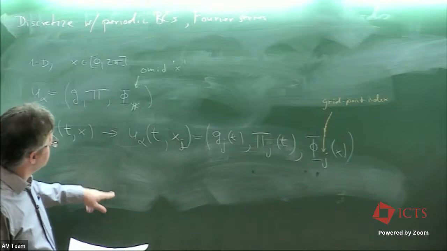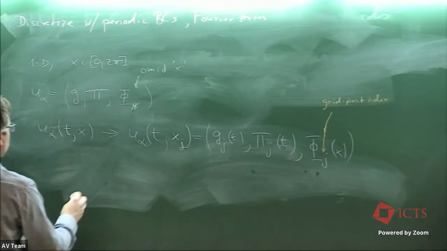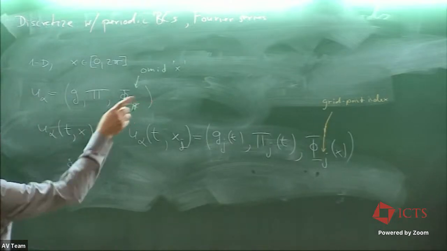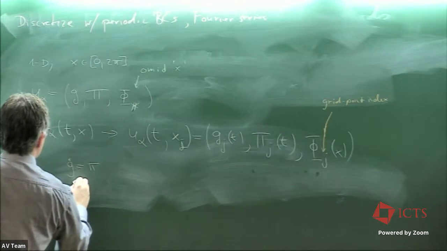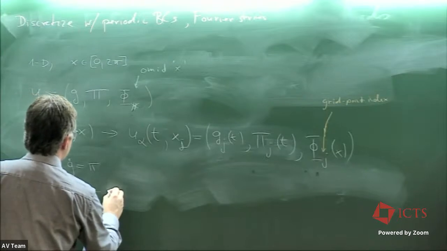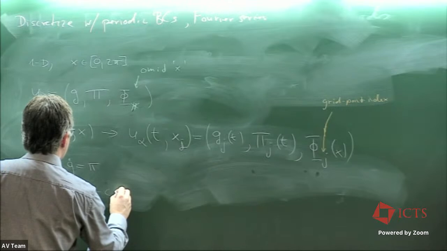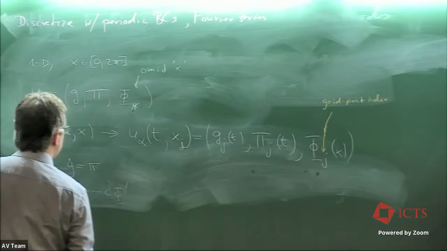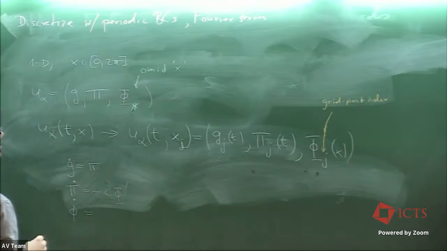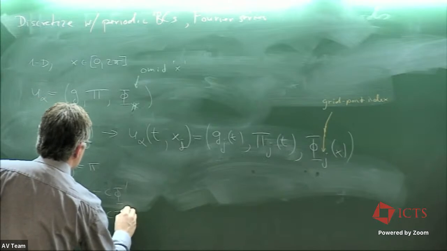Okay, so now if I do this, my first order evolution system, which originally was g dot equals pi, pi dot equals minus c phi prime, phi dot equals minus c pi prime.